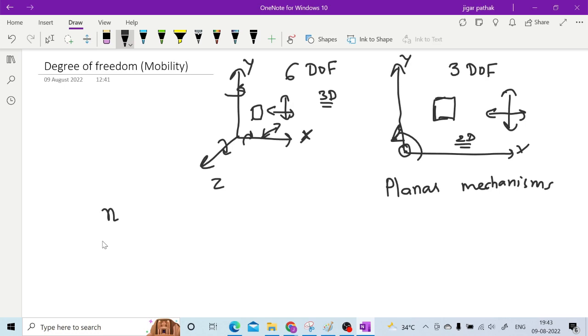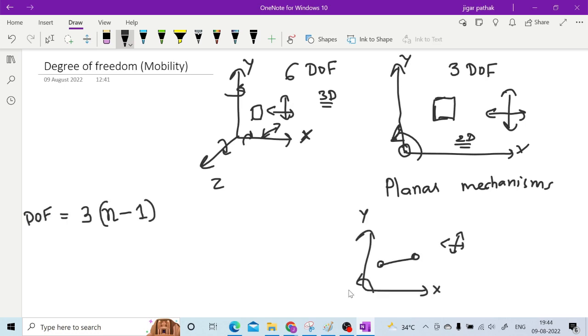And further, if you are having any link in this 2D xy plane, it can move in x and y, and it can rotate, all of that is possible. But once you provide a joint to this link, a binary joint, let us say this is your fixed link and this is your link which we were discussing, having 3 degrees of freedom.